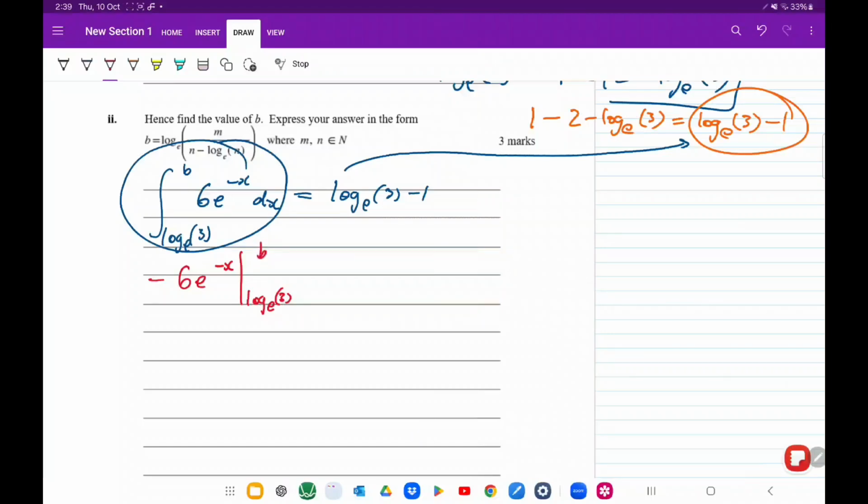By doing this, we get negative 6e to the power of negative b minus negative 6e to the power of negative log e 3. And then we're going to do the other side.